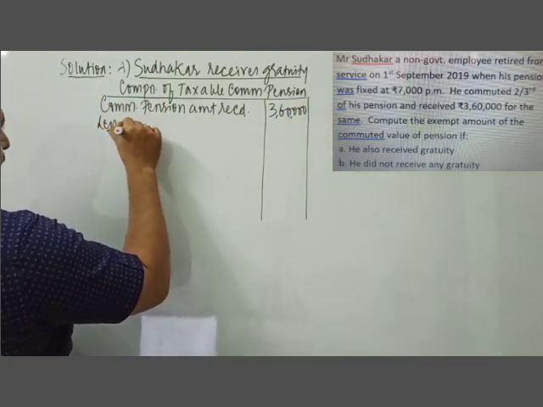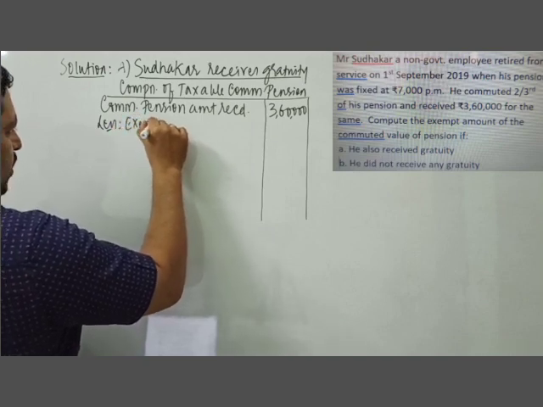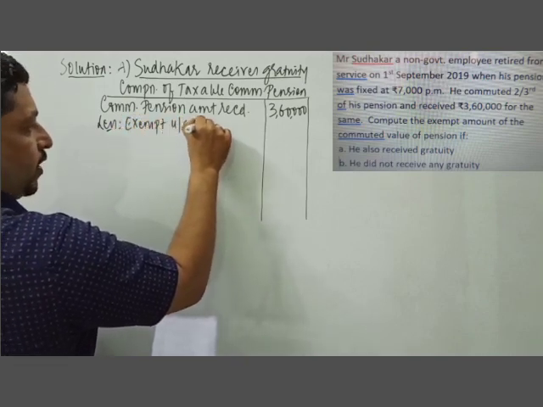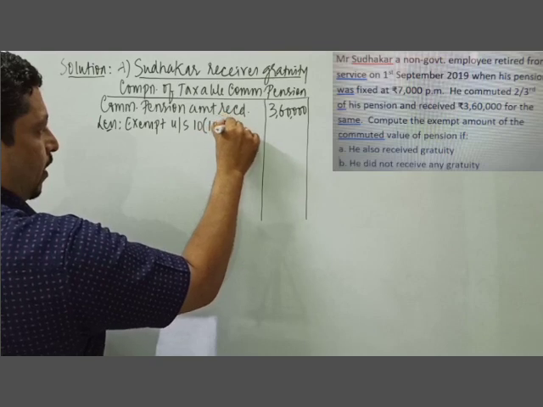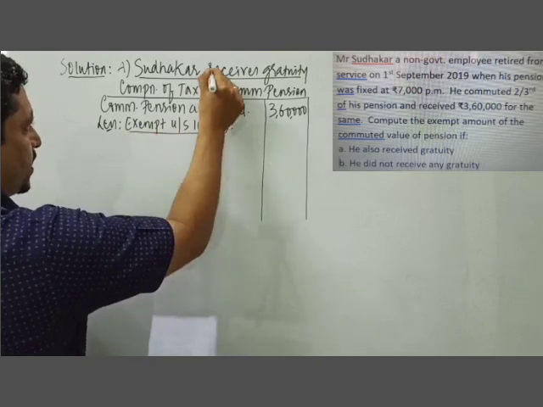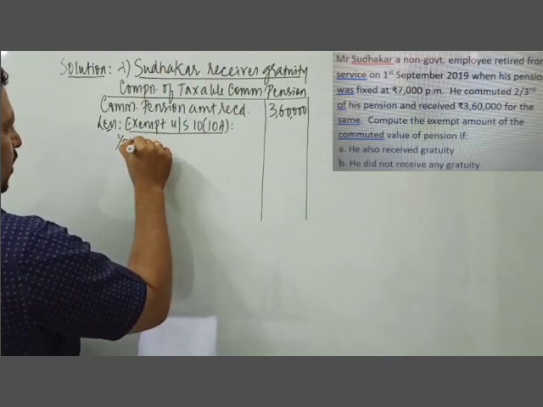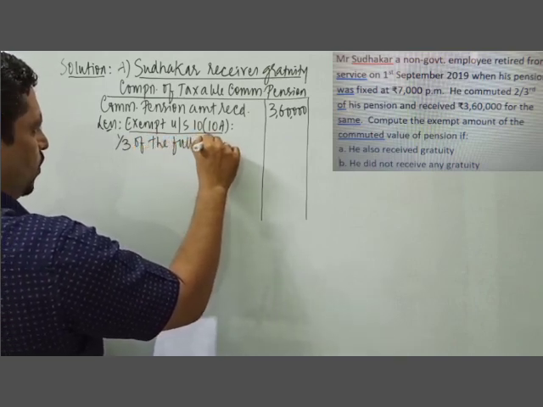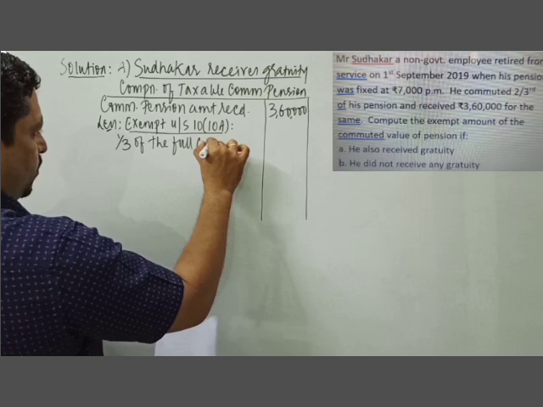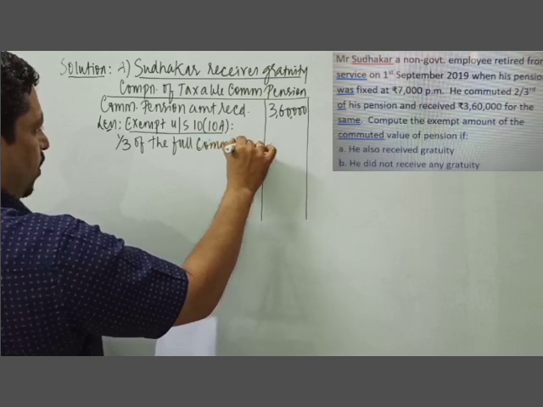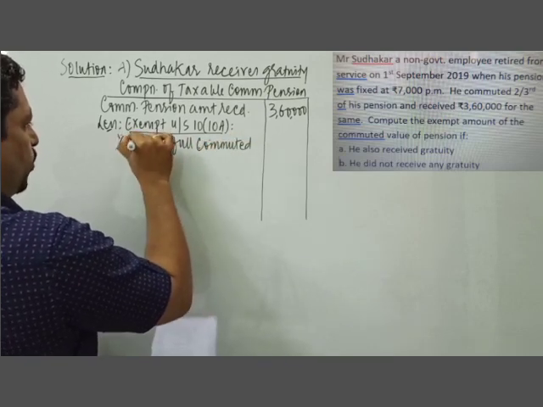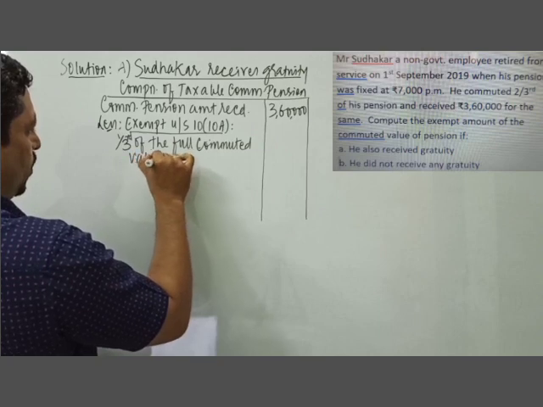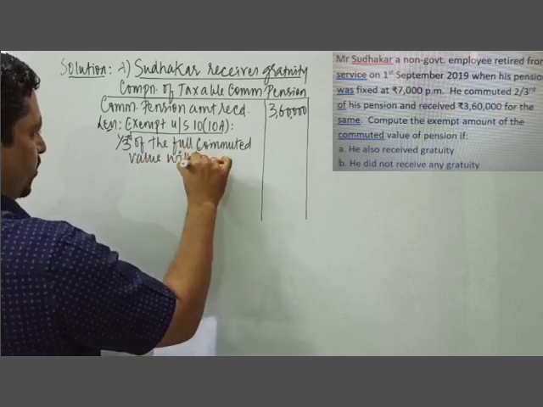I write less exempt under section 10, subsection 10A. Since he is in receipt of gratuity, 1/3 of the full commuted value will be exempt.